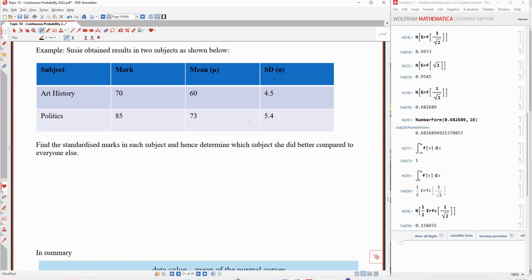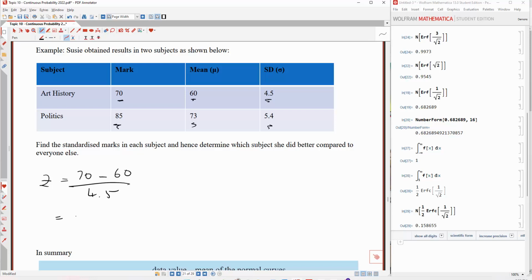Susie obtained results in 2 subjects as shown below. In art history she got a 70, and in politics she got an 85. The mean of art history was 60 and politics was 73, and the standard deviations are as shown. So we'll find the Z of art history: you take the mark, remove the mean, over the standard deviation.